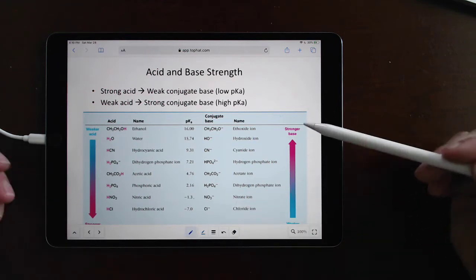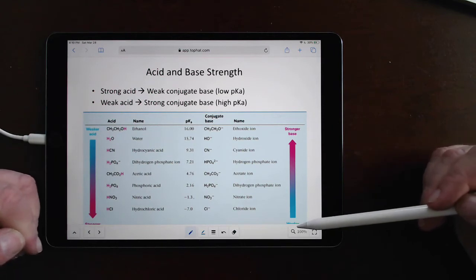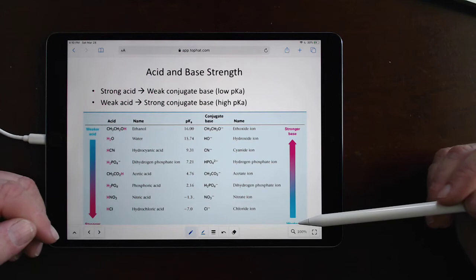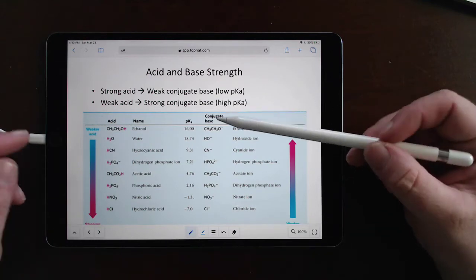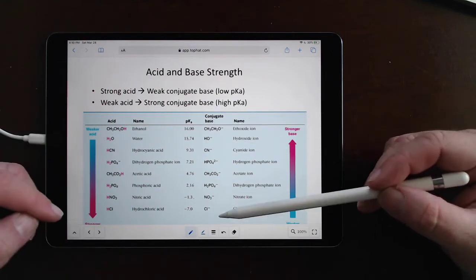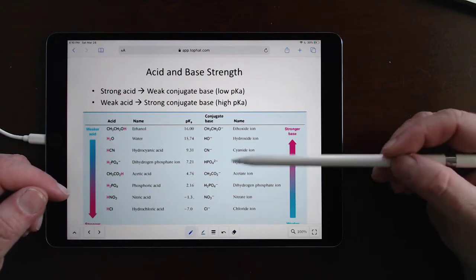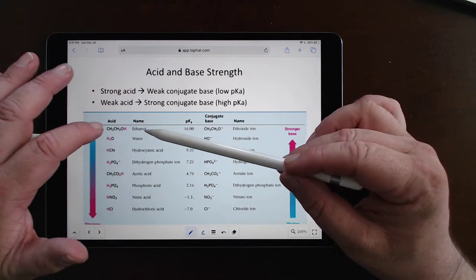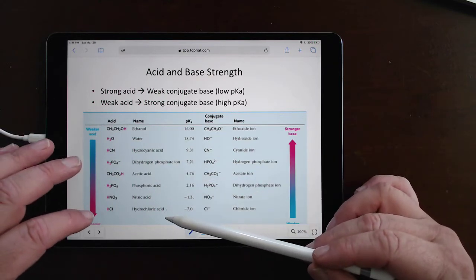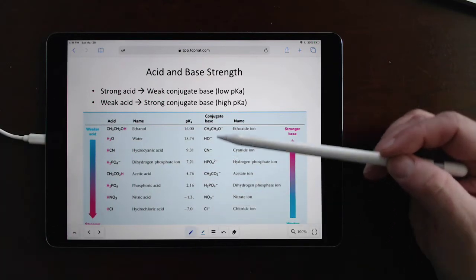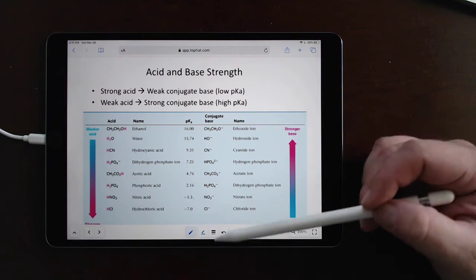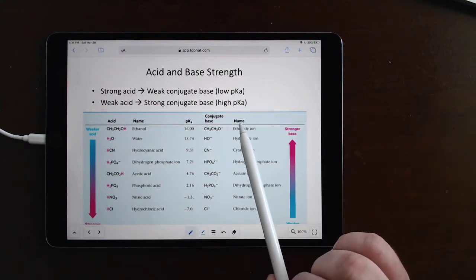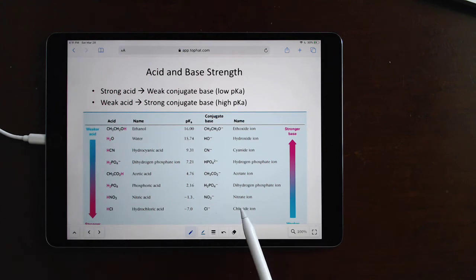And no, I'm not expecting you to have this memorized, but I do expect you to know the trends. If I asked which is a stronger base, and gave you the pKa's of ethanol and hydrochloric acid, you would say: weak acid, strong conjugate base; strong acid, weak conjugate base.